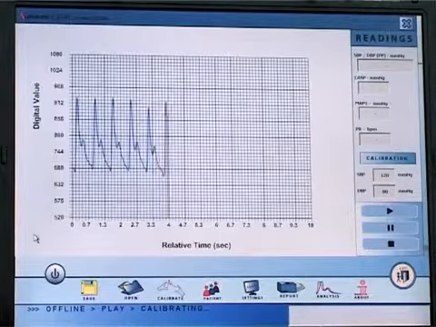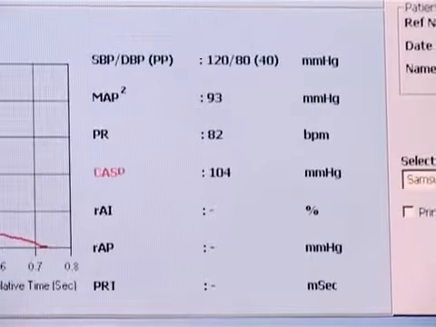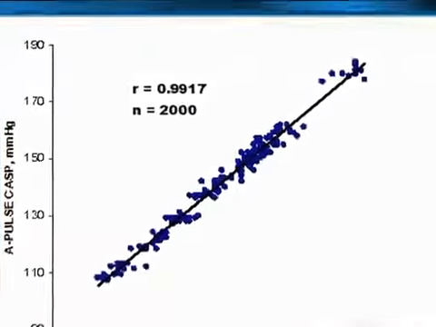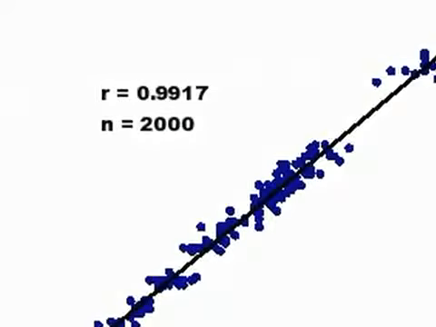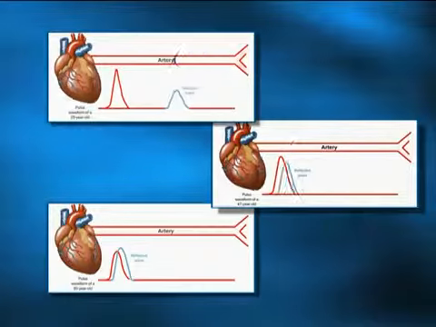We measure the central pressure here, and we read off the central pressure as calculated by the software. We have 2,000 patient waveforms, and the accuracy was 0.9917, which is unbelievable.